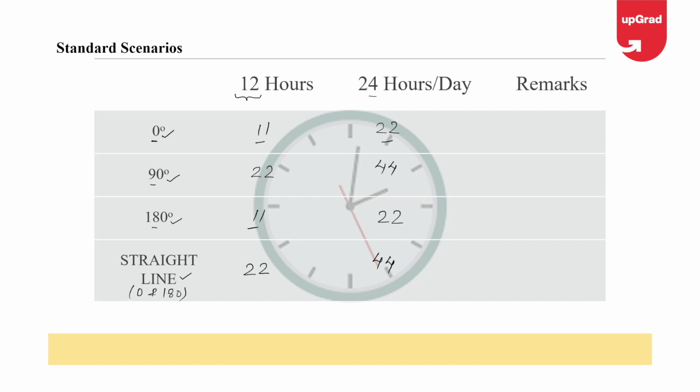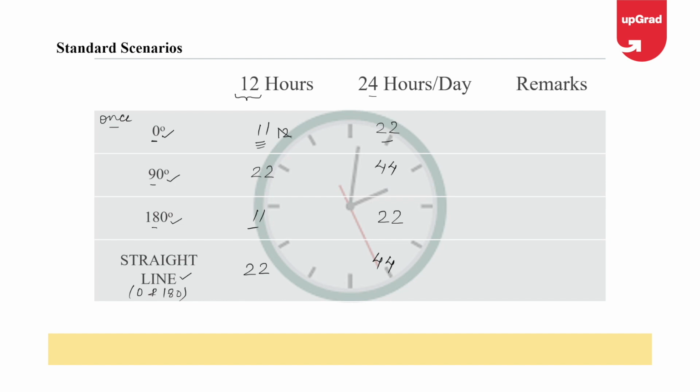Now let me explain you how I get these values. Let's understand the first case, that is 0 degree. If you use your analog clock and check how many times the needles are overlapping, you will find that it is happening every hour, once in an hour. But then you should think that if it is happening every hour, then in 12 hours my value should be 12.